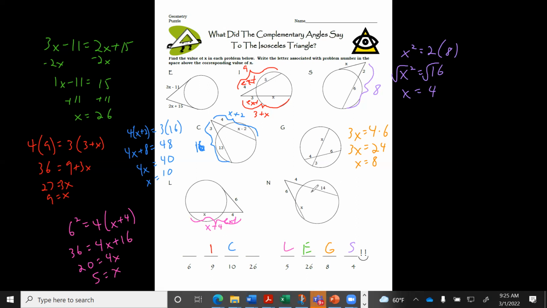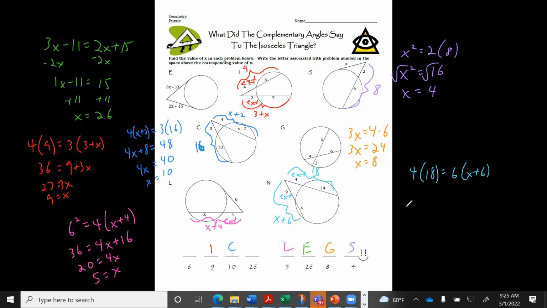And finally, the last one. We had on here 2 secants. So again, this is the exterior, this is exterior, the whole. So 18 on that whole. This one was x plus 6. Set the equation. 4 times 18 equals 6 times x plus 6.